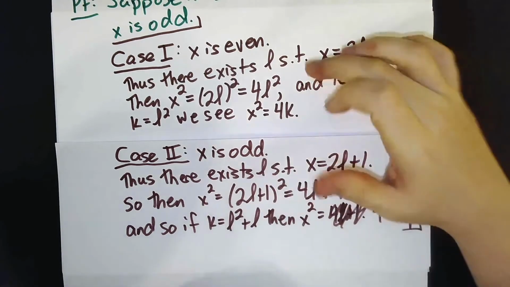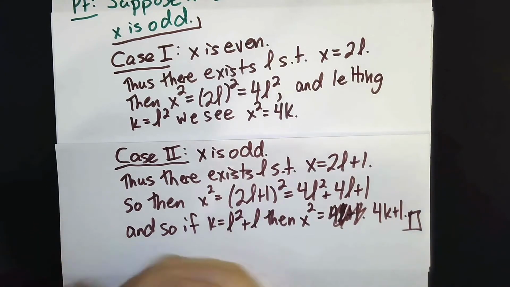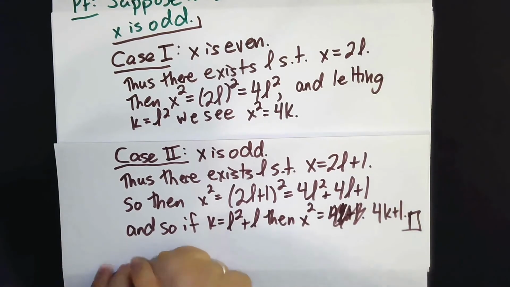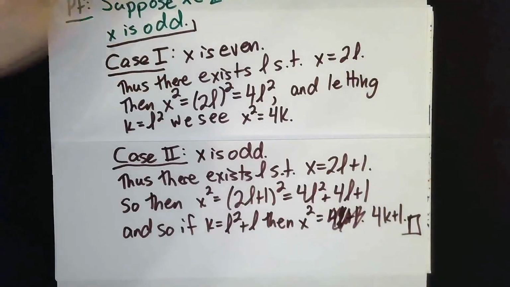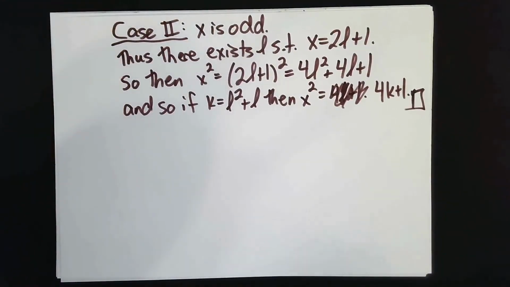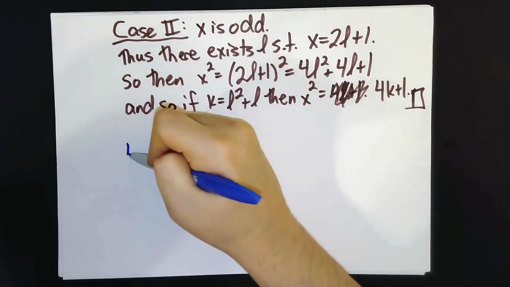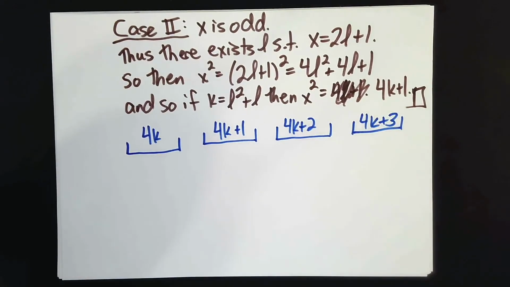Now, thinking of even and odd might require a bit more creativity, maybe a bit more faith, but you might also think, okay, well, this whole question is really about the mod 4 buckets. And so it might also occur to you that maybe what I really want to know is which of these 4 buckets x lives in.